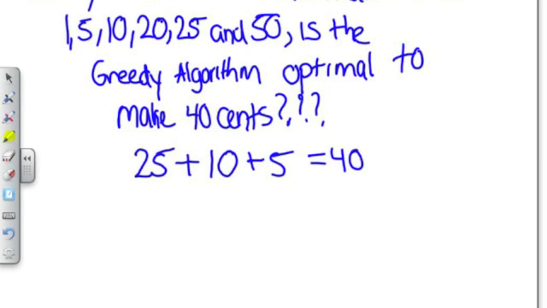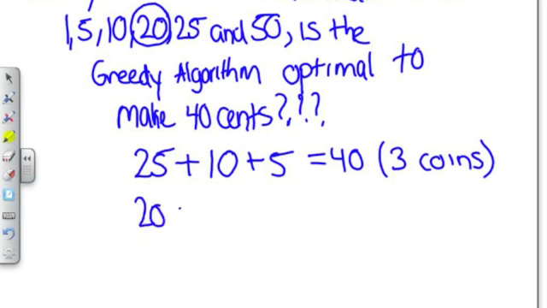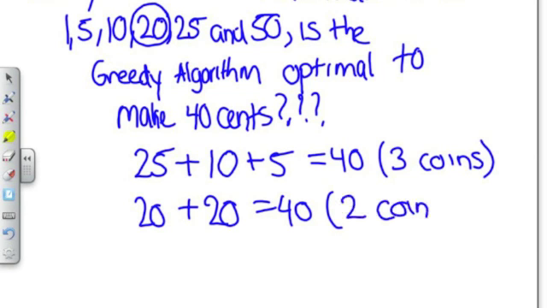So that gives us 40. We have to use 3 coins. However, because we added the 20, we could easily have just done 20 and 20 to get 40, giving us 2 coins. So the greedy algorithm is not always optimal, since with the 20 denomination added, it did not give the optimal answer.